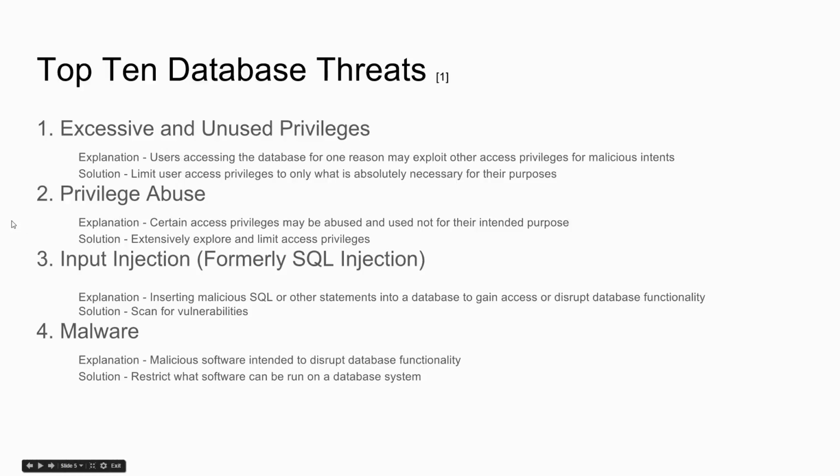Database threat number two is privilege abuse. This kind of ties into number one, but it's also kind of different. The explanation is that certain access privileges given to a user may be used for other purposes. Like if a user has the ability to view certain files on the database, but not download.